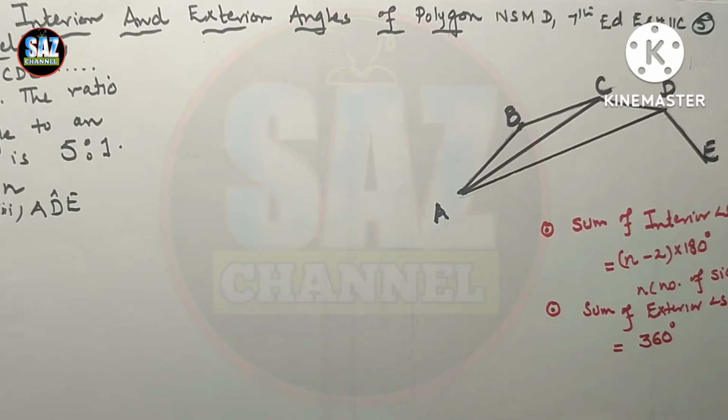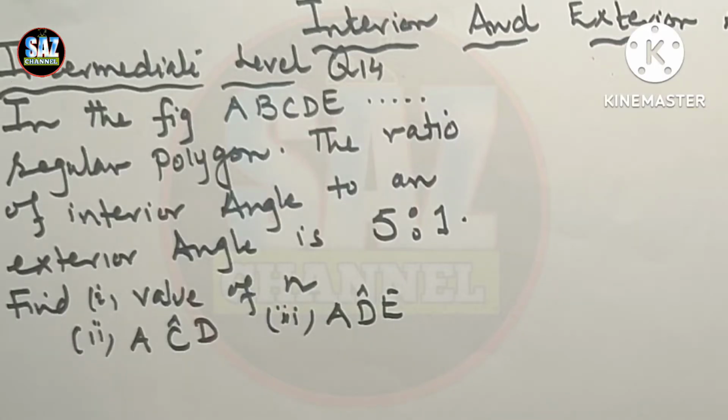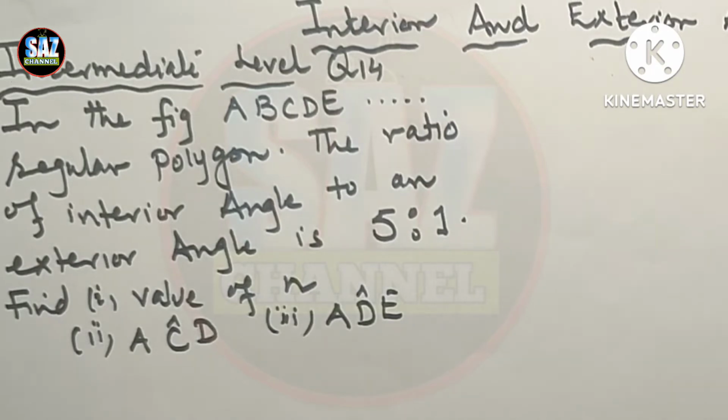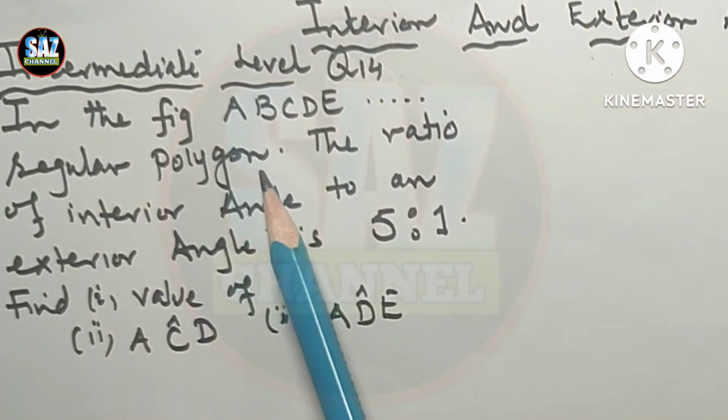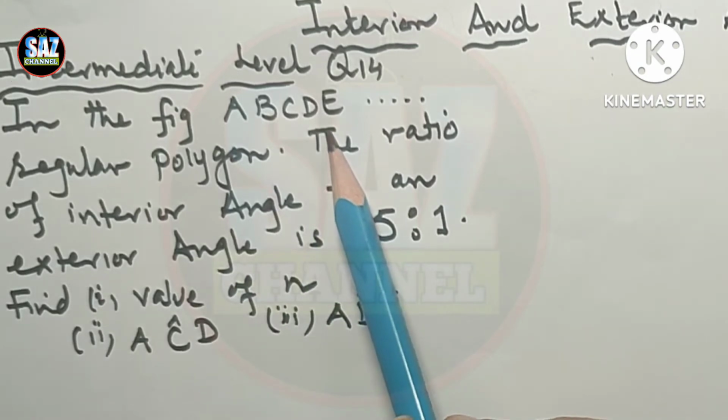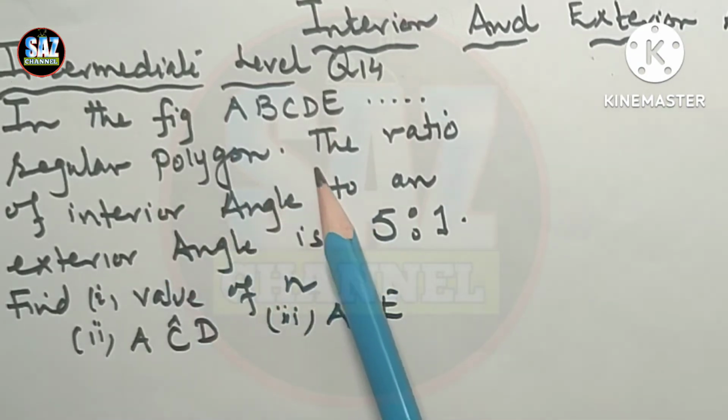Moving to the question, first let's read the question and understand it. It's really important to read and understand the question. Question number 14 says that in the figure, ABCD is part of an n-sided regular polygon.